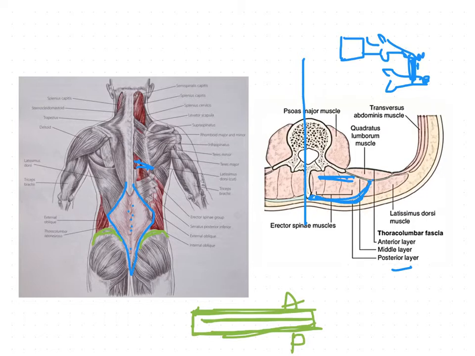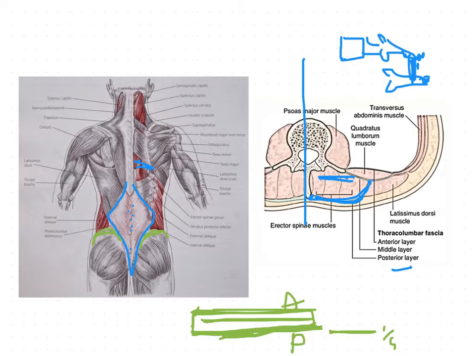That means this is the outer lip, which is present mostly at the posterior aspect, and on the outer lip, that too one-fourth of the posterior side, this posterior layer is going to attach. So these are the attachments of the posterior layer of the thoracolumbar fascia.